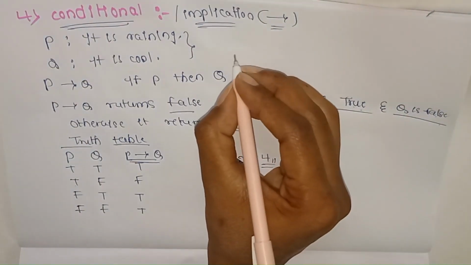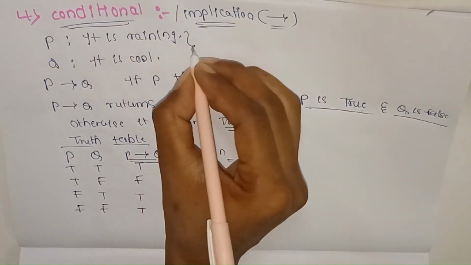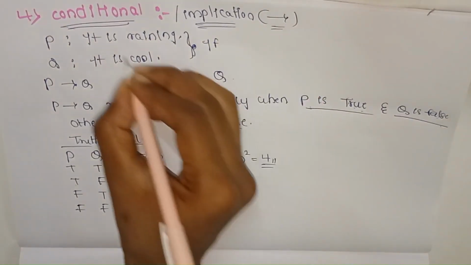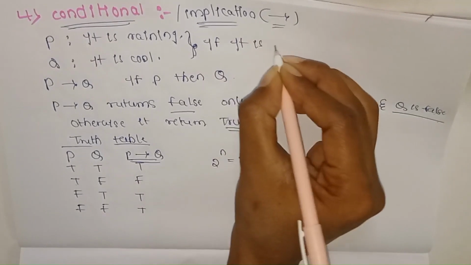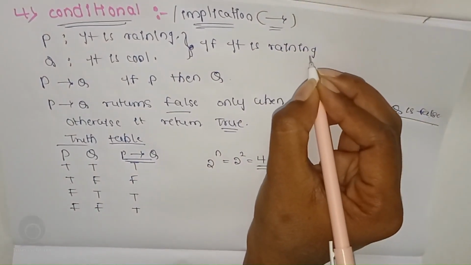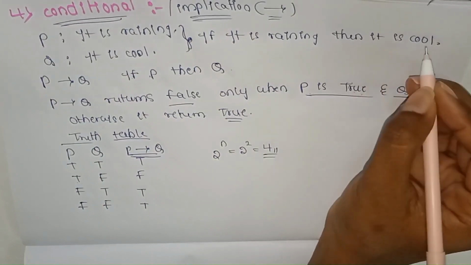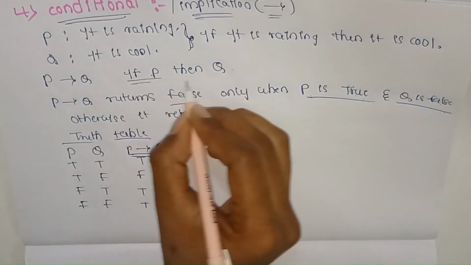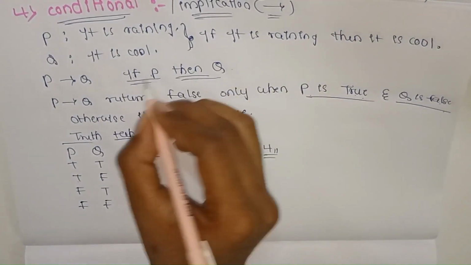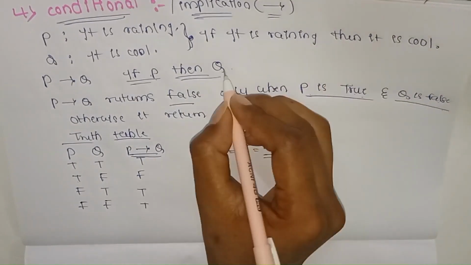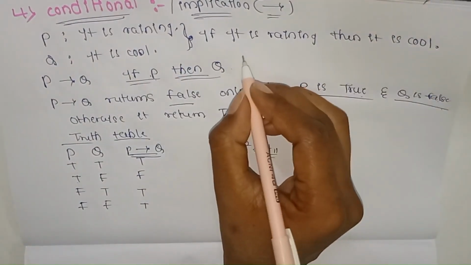Now apply the conditional to these two statements. It means if P, if it is raining, then it is cool. Our condition is this, right? If P, P is it is raining, then Q, it is cool.